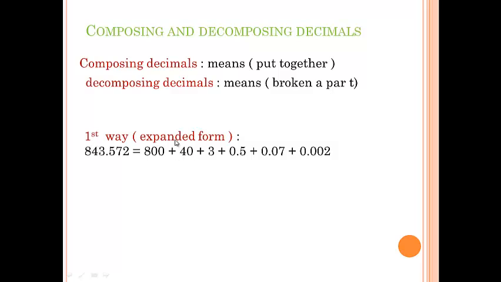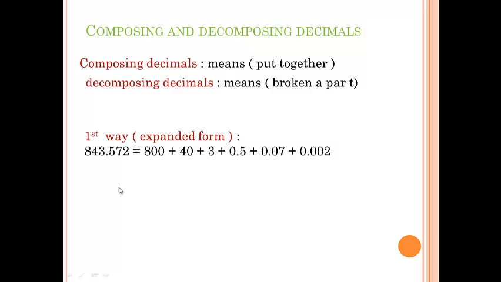First way is expanded form. Expanded form means write again the number but with the value of its digits. First, whole part, decimal part. Whole part we have 800, write 800. 40, write 40. 3, write 3.